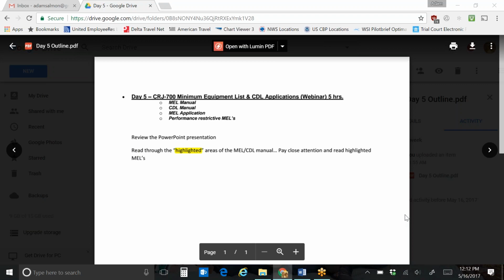The first thing that you need to know is the difference between an MEL and a CDL. An MEL, once again, stands for minimum equipment list, but basically what it means is that the aircraft has a certain amount of things in every different system. The aircraft has so many hydraulic pumps.